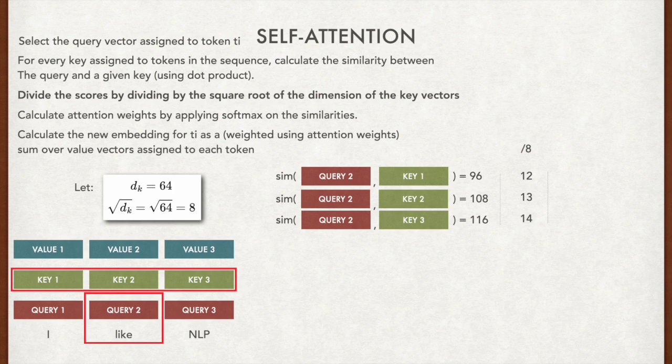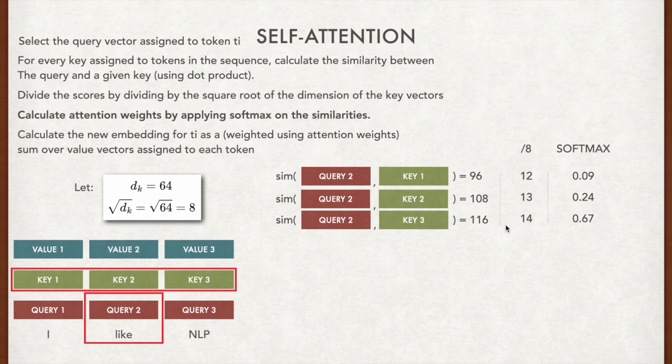Dividing each value by 8, we obtain 12, 13, and 14. These numbers are still uninterpretable, so let's process them using the softmax function. We obtain a set of numbers where each number falls between 0 and 1, and the sum of all values is always equal to 1. These are exactly the attention weights as described at the beginning of our lecture.